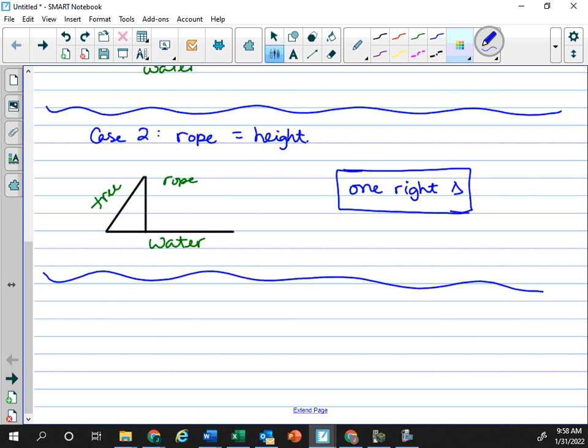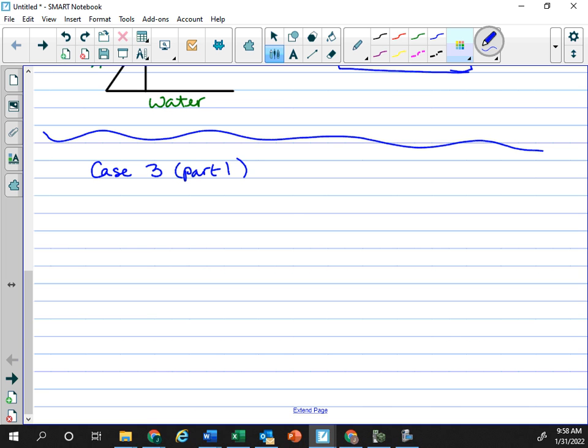Okay, case 3, part 1. Let's say our rope is greater than the height, and the rope is less than, so shorter than, the tree side.